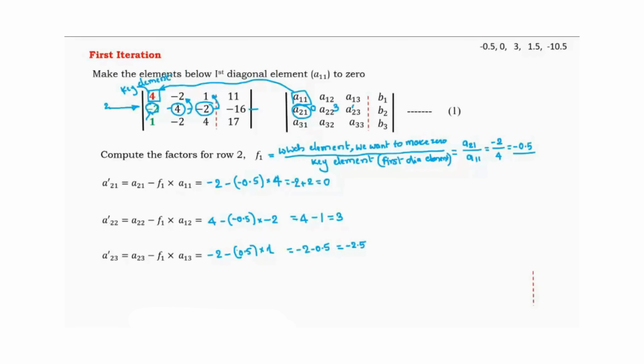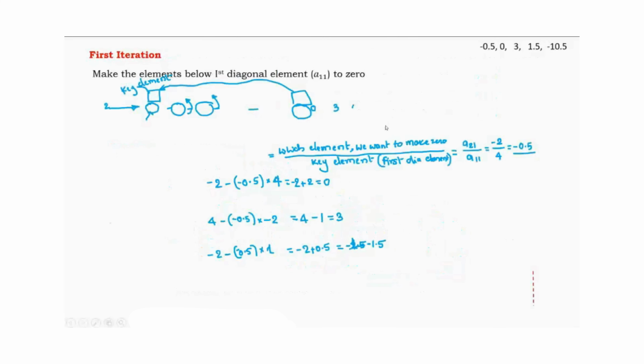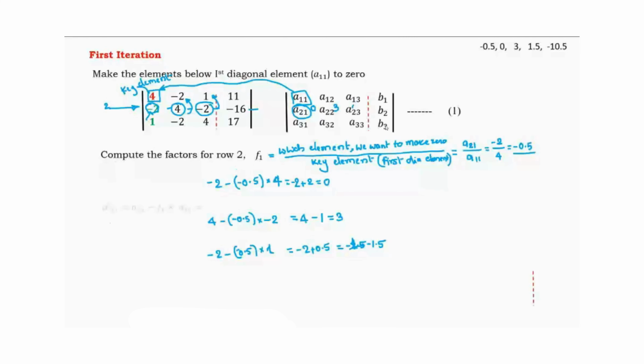Sorry, minus of minus is plus, so you will get minus 1.5 here. Okay, let me check from the equation whether the values are the same. 1, minus 2, 4. Okay, the values are the same. This is minus 1.5.